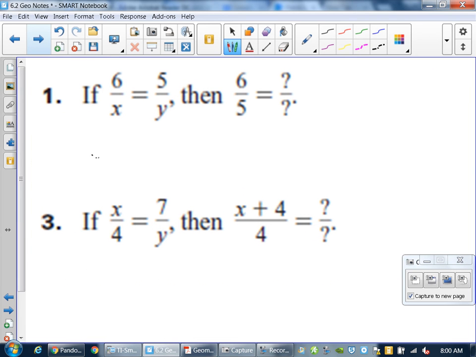All they're doing here is taking an example with 2 variables. You're not solving for variables. You're not solving for anything in this case. You're trying to see how a property works. For example, in the first one, it says 6/x is 5/y. Then 6/5 is going to equal what over what? x/y, because what did they do?